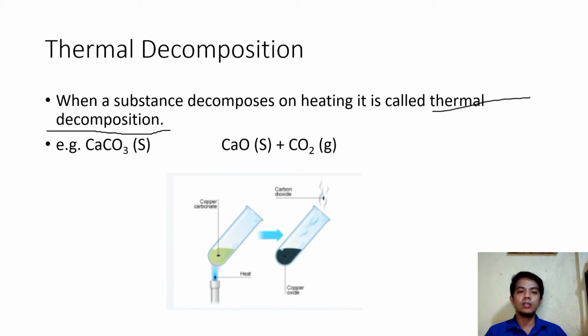It is a process when a substance decomposes on heating. So in this example, the reactant is calcium carbonate, and when calcium carbonate is exposed to heat, it produces calcium oxide and carbon dioxide.